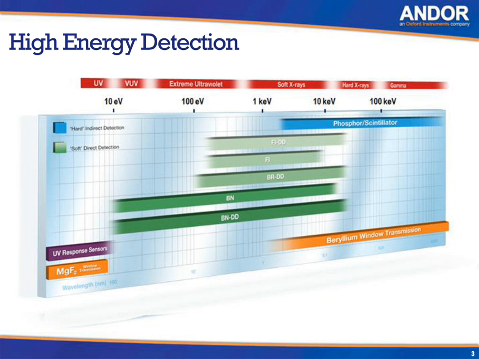So the graph here is to give you an indication. The green is showing what a standard CCD will do, and the blue on the top of the graph is representing where the scintillator starts coming into play. It's just to give you a broad feel for how and where those technologies are coming into play.